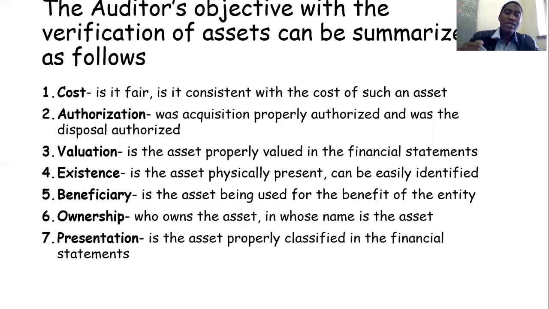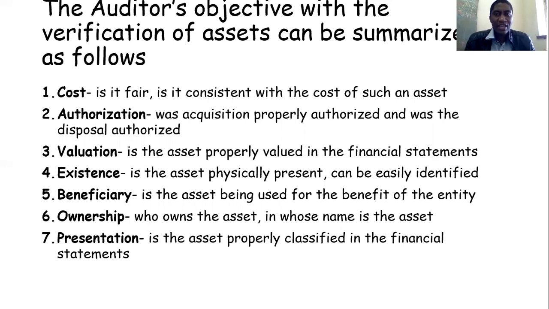We are saying when the asset was being acquired, were there proper authorizations for the acquisition of the asset? For example, in certain big organizations, for an asset to be bought, there should be a meeting.